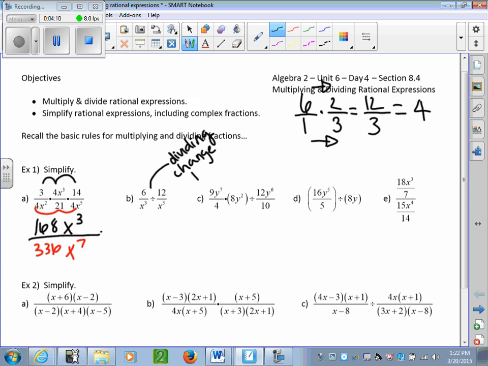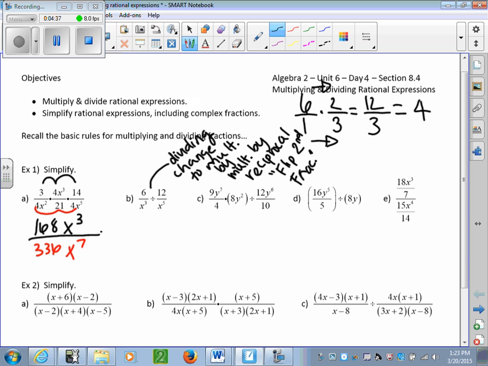Change to multiplication by multiplying by the reciprocal. So that's the math term for it, multiply by the reciprocal. But really you're just flipping the second fraction.